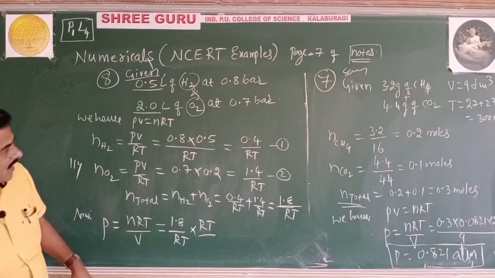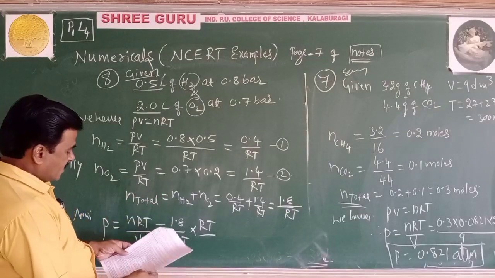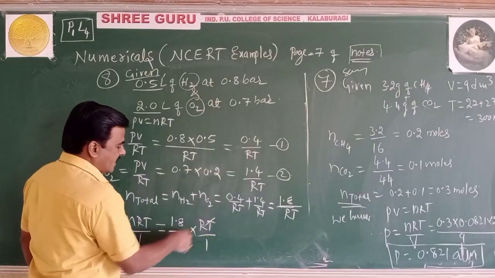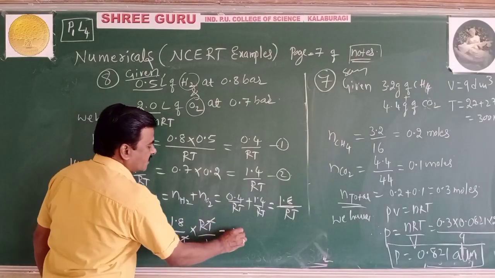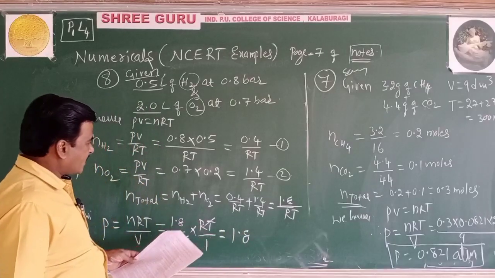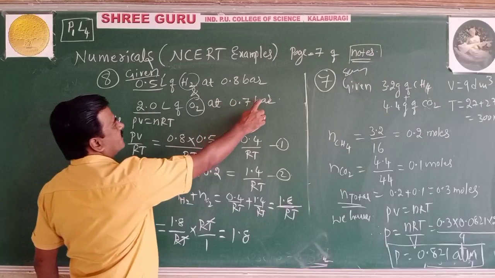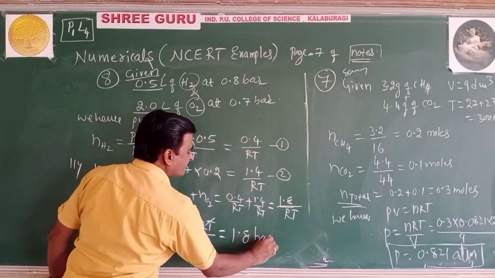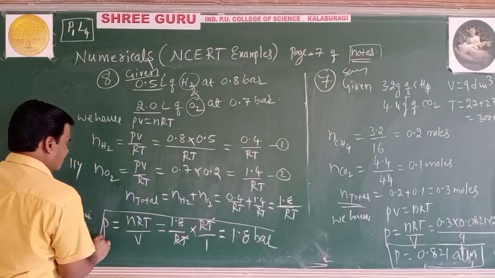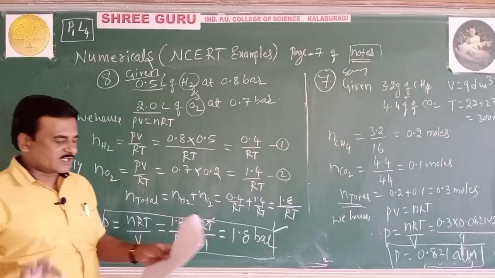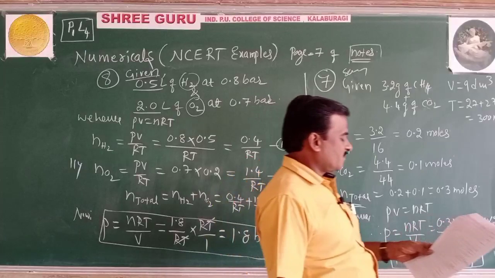The volume of the container in problem 8 is 1 liter. RT cancels, so the total pressure is 1.8. What is the unit? Bar. 1.8 bar. So this is how the solution of the 8th problem completes.